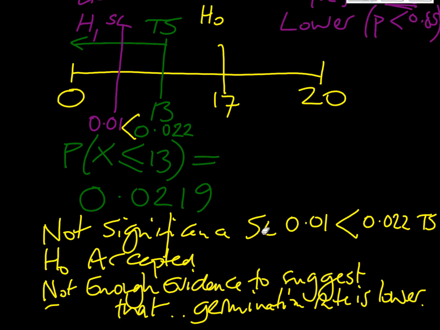You get a mark for doing the comparison of the significance level with the test statistic, and you get a mark for writing there's not enough evidence to suggest. And you see the alignment there, that if it's not significant, we've got not enough evidence and we accept H0. The alternate will be there is significant evidence, you're rejecting H0, and then you have enough evidence to suggest that. So those all fit together.